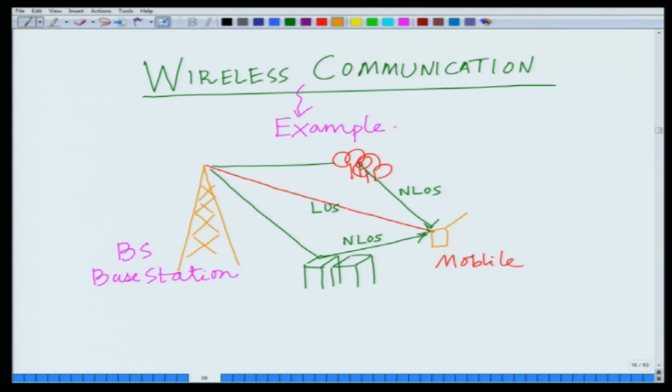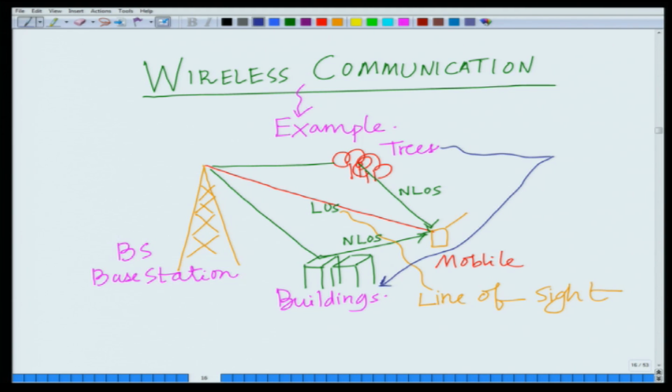There are also several obstacles, such as trees and buildings, in the propagation path. These obstacles, these buildings, trees, etc., are known as scatterers.